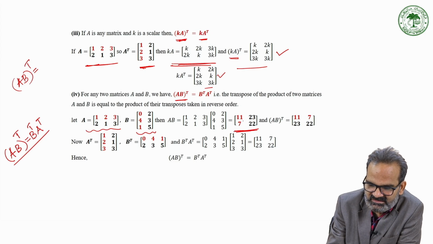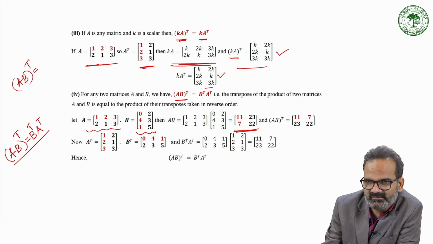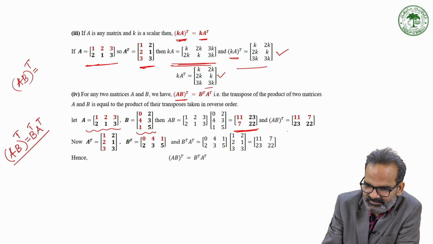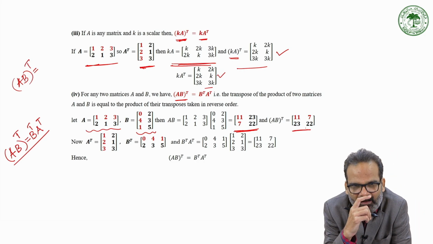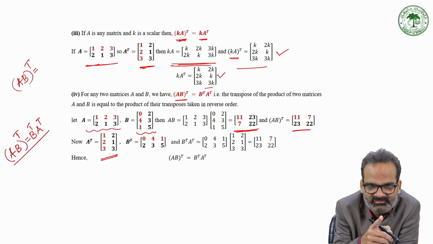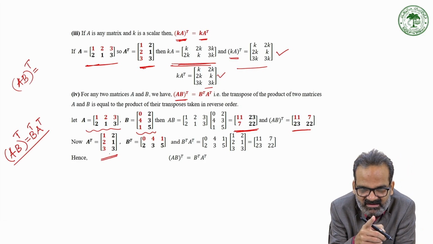Now its transpose: the first row 11, 7, the first column should be converted to the first row 11, 7, and the second column likewise, rows and columns should be interchanged. So (AB) transpose is this matrix, right? Now A is this, find out its transpose AT, clear? If A is 1, 2, 3 as a first row, then AT will have 1, 2, 3 as a first column.